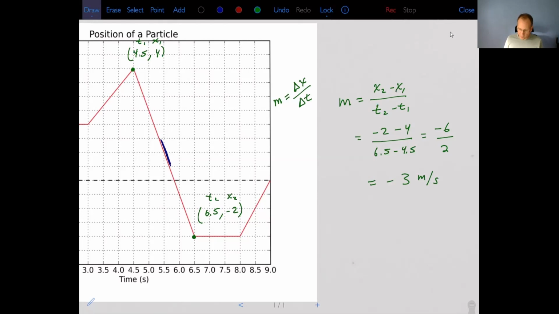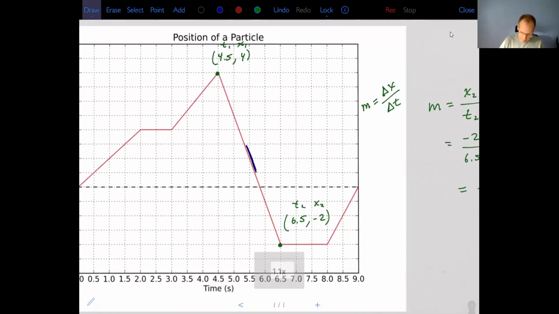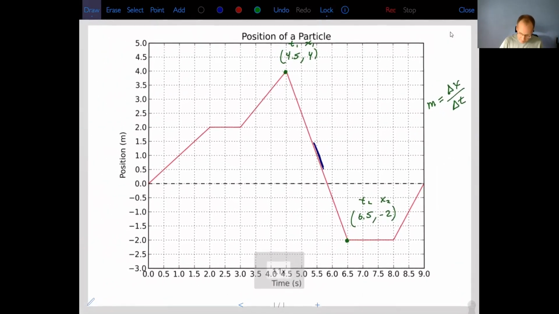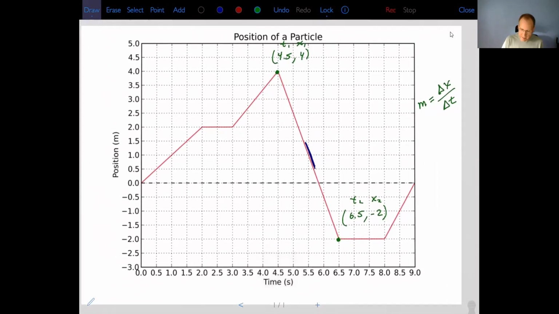So the slope of that entire line, which is the same as the slope of the line segment right at 5.5 seconds, is negative 3. The answer to that question would be negative 3 meters per second.